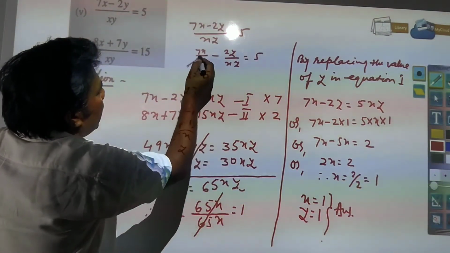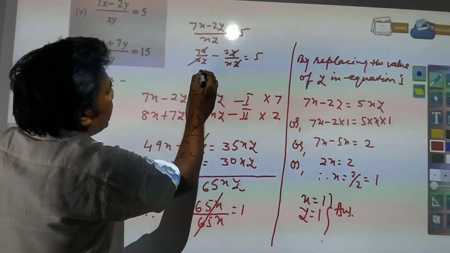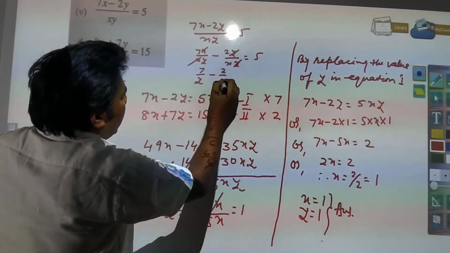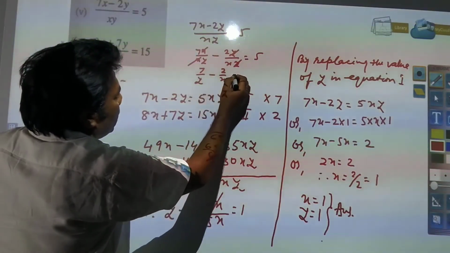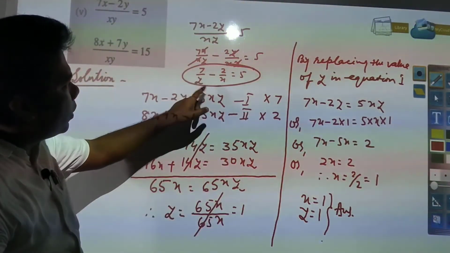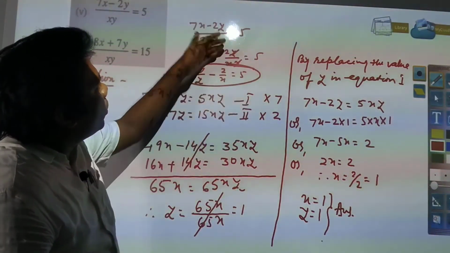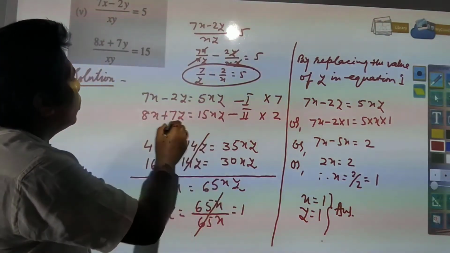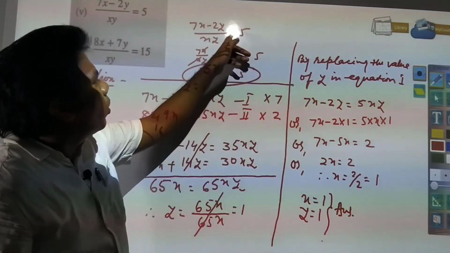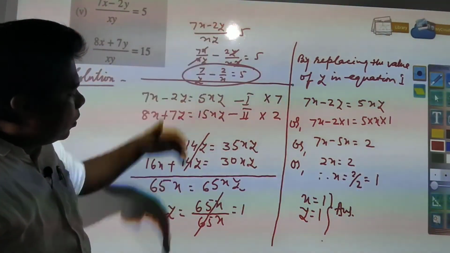So this x and x will be cancelled, y and y will be cancelled, so you will be left with 7 by y minus 2 by x is equal to 5, and then you need to assume 1 by y is equal to a, 1 by x is equal to b, and then you need to again simplify. So either you can do directly in this way or by this way also you can move. So try to solve by this way also.